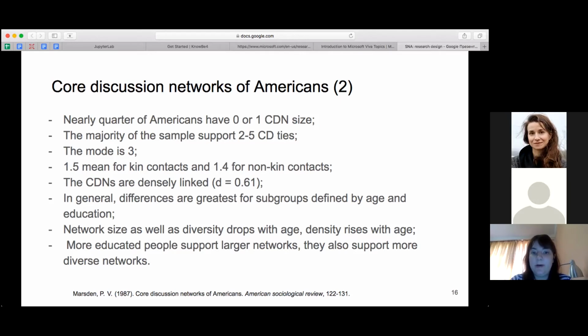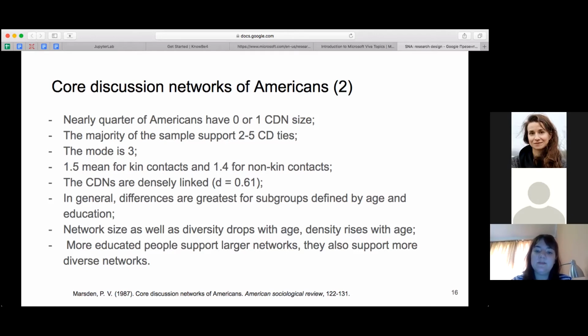Nearly a quarter of Americans have a very limited number of close individuals, and the majority of us support from 2 to 5 such close ties. The mode is 3. We have both half kin and half non-kin contacts, and our networks are usually densely connected.